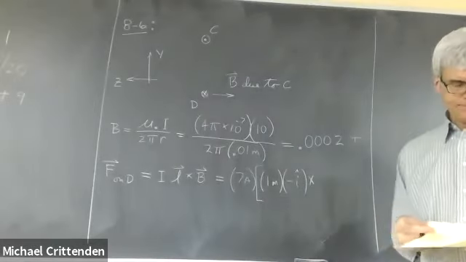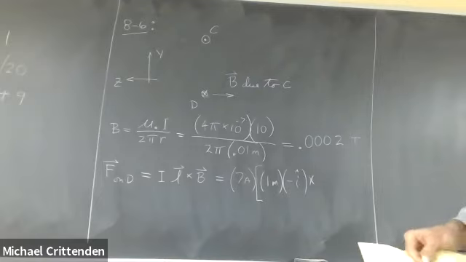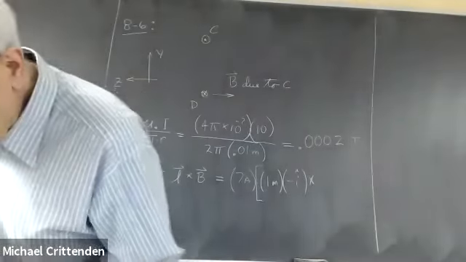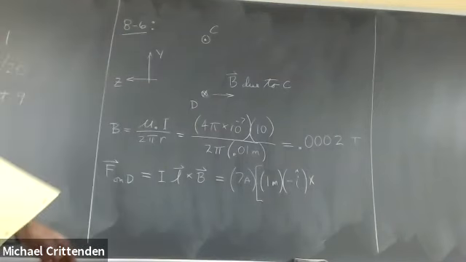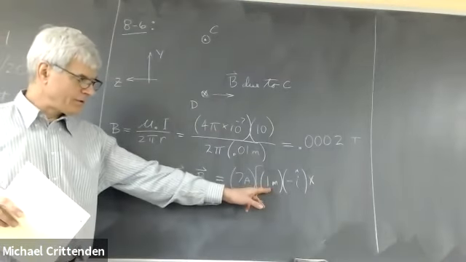The length vector. Well, it says that each wire is 1 meter long. So 1 meter for the magnitude.